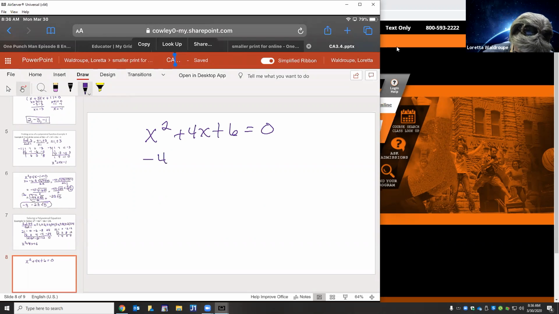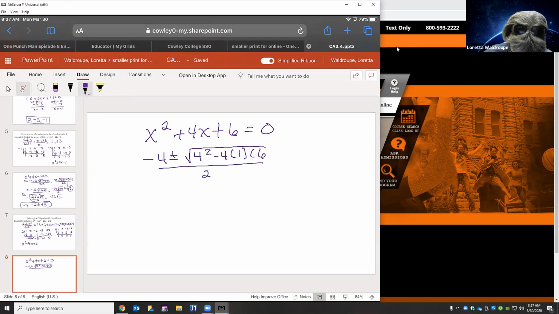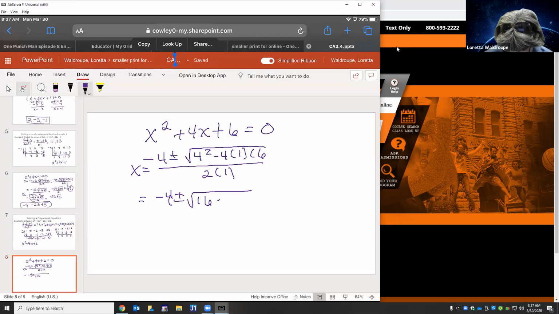Negative b plus or minus the square root of b squared minus 4ac all over 2a. 4 squared is 16, and then we have minus 24.